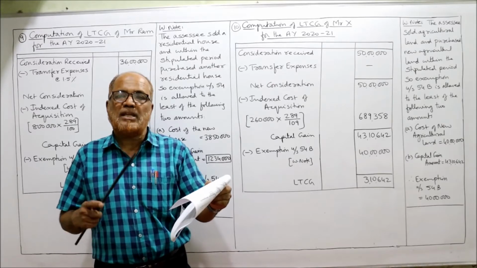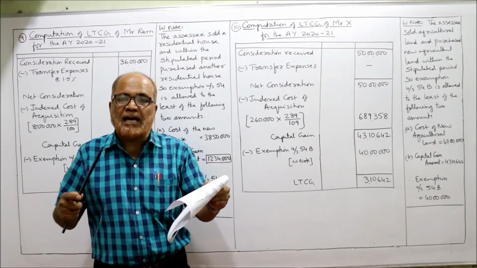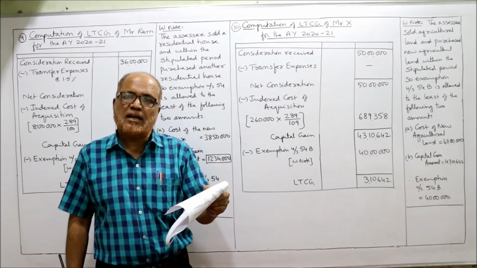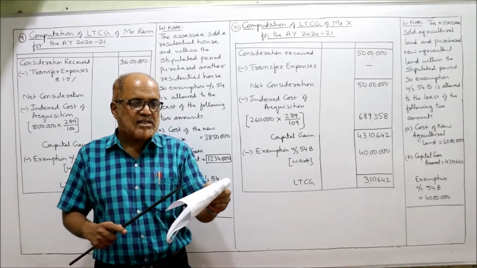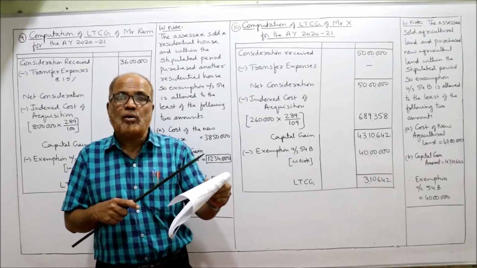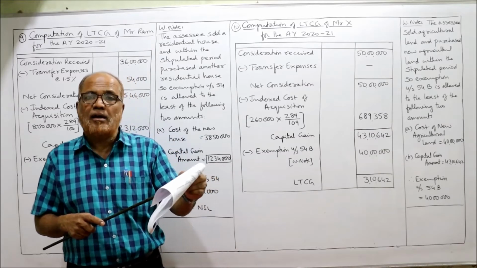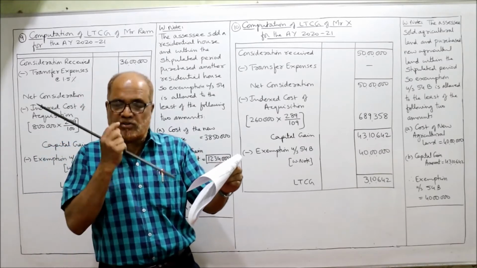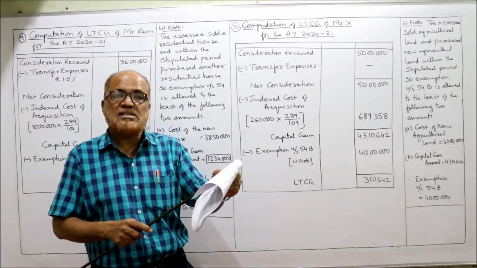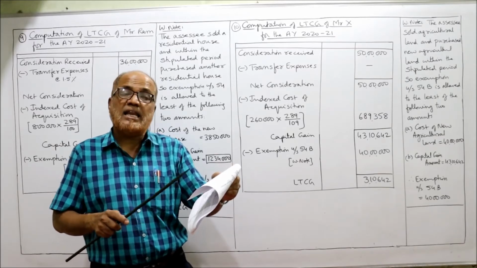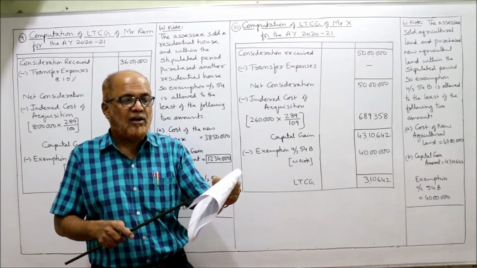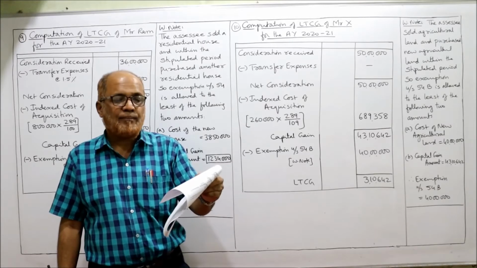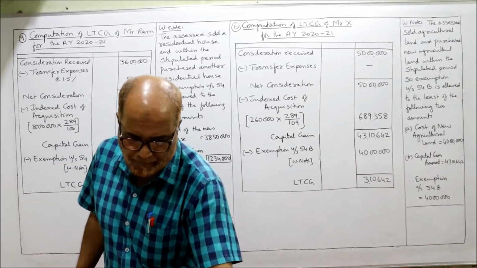So in this problem, the assessee sold agricultural land, and he purchased this agricultural land 14 years ago at rupees 26,000 per acre. At that time, the cost inflation index was 109, and after 6 months, he purchased another agricultural land for rupees 40 lakh. Compute income from capital gain.